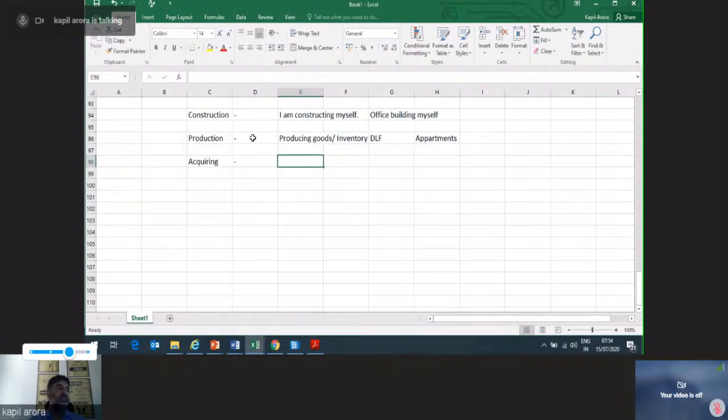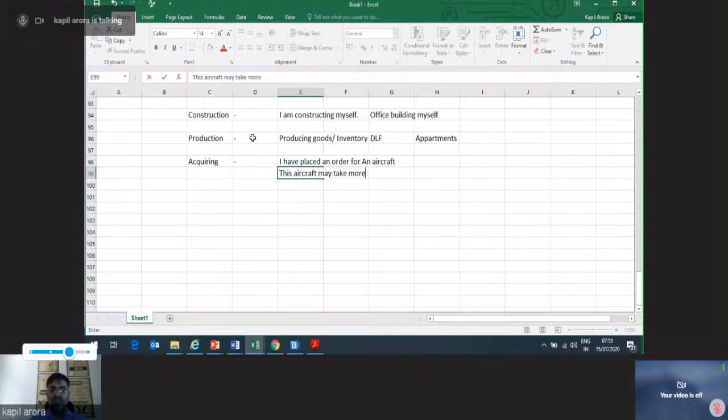But let's assume I have acquired an asset, or I have placed an order for an aircraft. This aircraft may take more than 12 months.